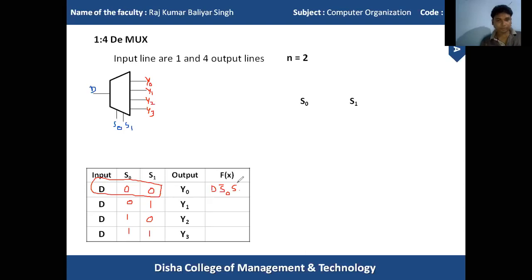Then D is S0 naught. So again I will repeat that these are all individual input lines. They should not be combined.